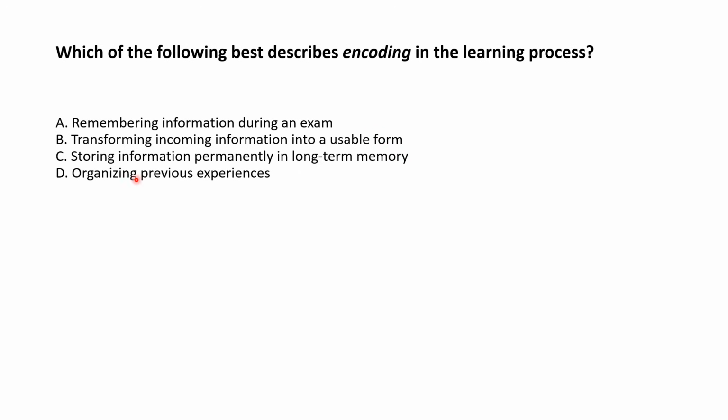Storing information permanently. This one is talking about storing information. Organizing previous experience. So basically, we will go for option B, transforming incoming information into a usable form, because it says this information must be information that the brain can understand and also can store.